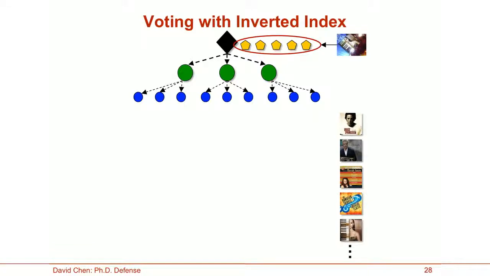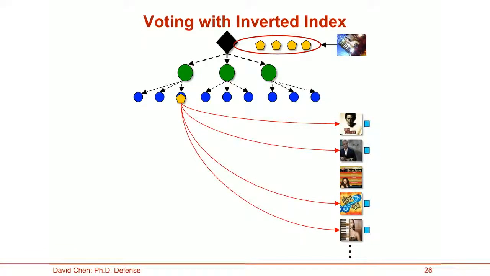So far, we talked about computing image similarity in terms of histogram intersection scores. Actually, there's a way to achieve the same result, but in a much faster manner, and this is done using an inverted index.